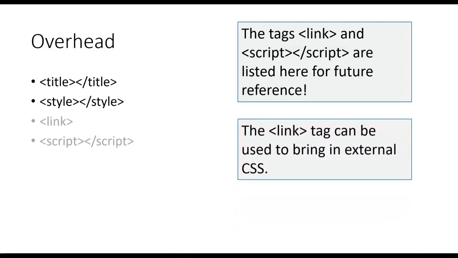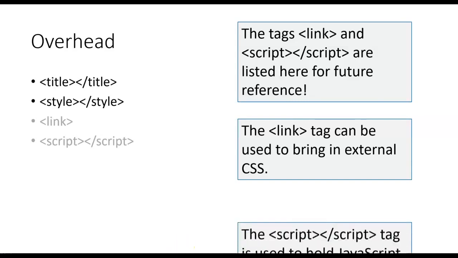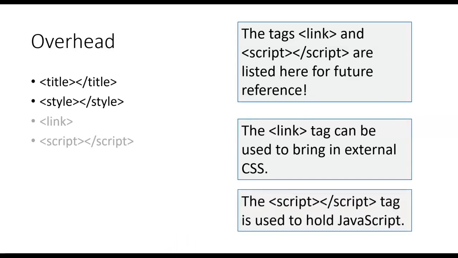So the link tag is used inside of the head tag to bring in external CSS. And again, that may not mean anything to you right now, and that's okay. And the script tag is used to hold JavaScript. And again, we haven't learned any JavaScript yet, so it's hard, I know, to understand the relevance of all that.